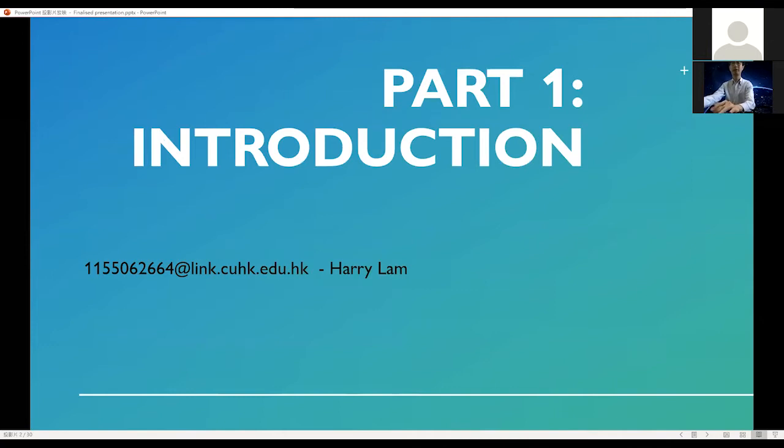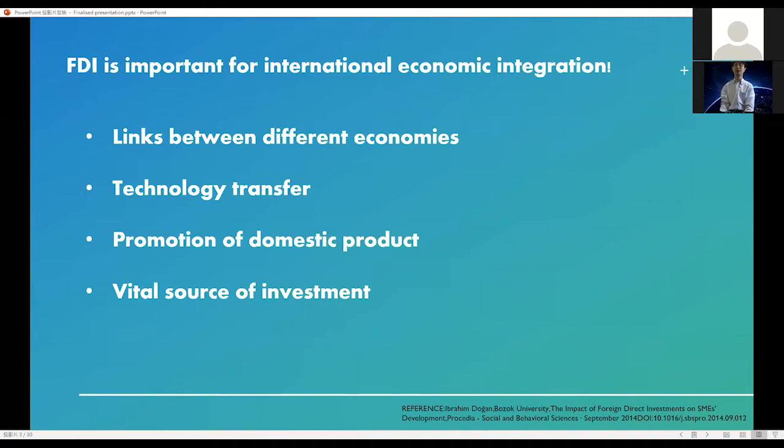So I'm here and I'm going to give some introduction about the presentation. First of all, from the article, we all believe that FDI is very important to international economic integration because it helps to generate a linkage between different economies. And through this linkage, it often helps to generate technology transfer, and we're going to talk about that in more detail later. It also helps to promote the domestic products of the economy receiving FDI into the international market.